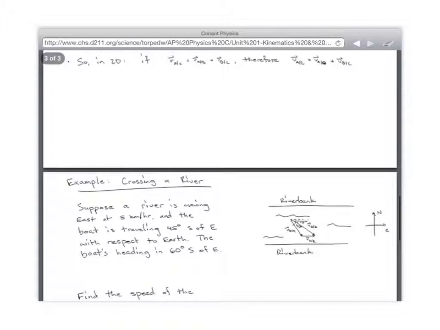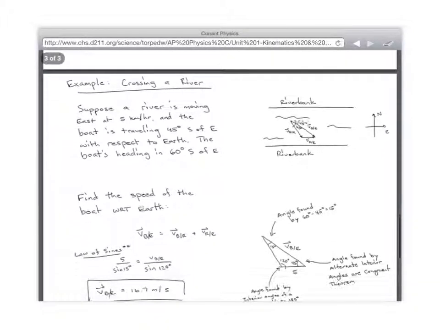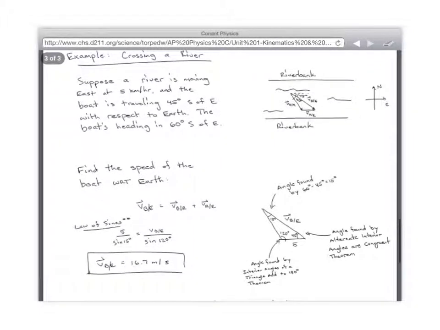So if you're going to do a problem like that, how can you draw a line for velocity of the boat with respect to Earth if that's not within the direction that it's going? It's just facing that way. Boat with respect to Earth is the direction that the boat actually travels.